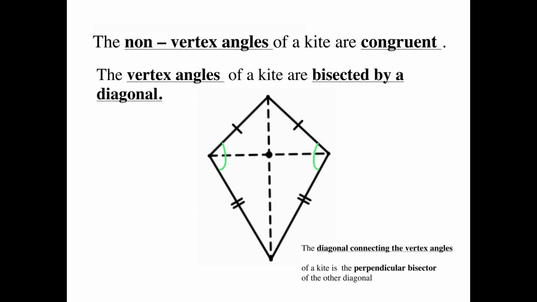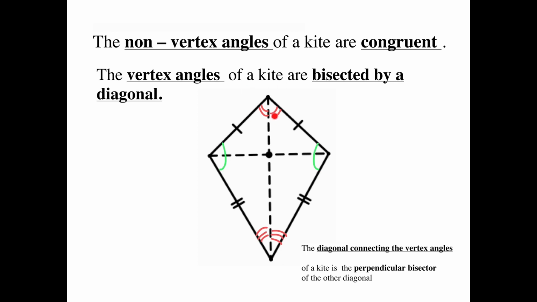So these angles are congruent, and the vertex angles of a kite are bisected. So the top gets cut in half and the bottom gets cut in half. But again, notice that I use 2 arches here and 3 here because these angles, the vertex angles, are not congruent to each other.